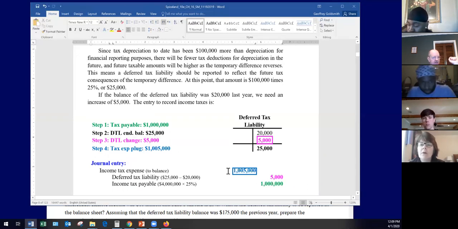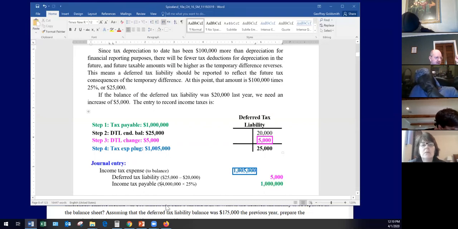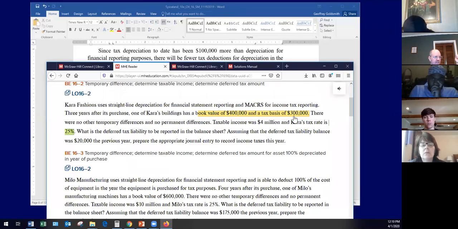So what they've done here is kind of made it into a puzzle. Normally, when you have this kind of situation in real life, you wouldn't have to be working backwards from these book value and tax basis amounts.